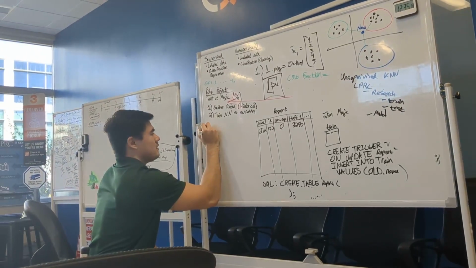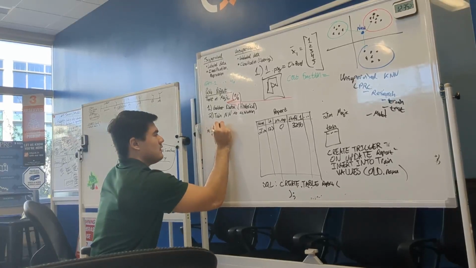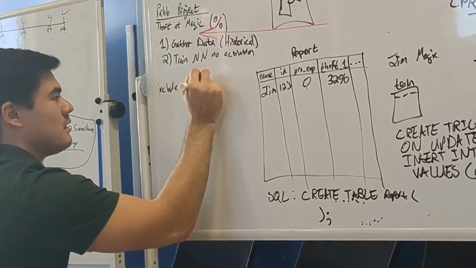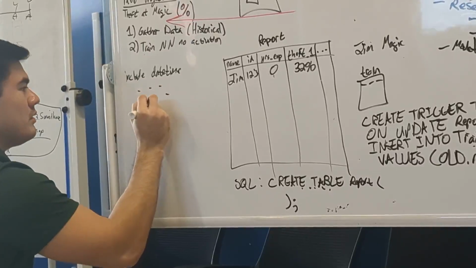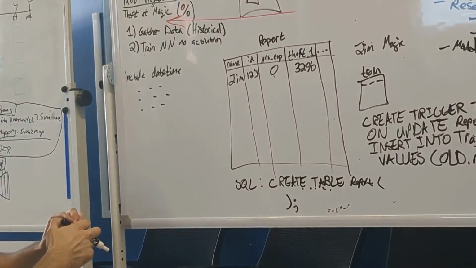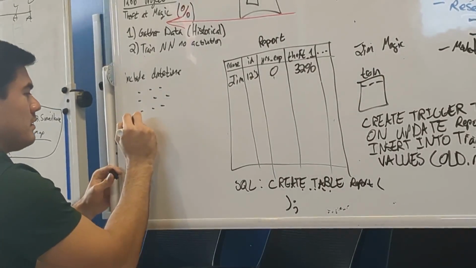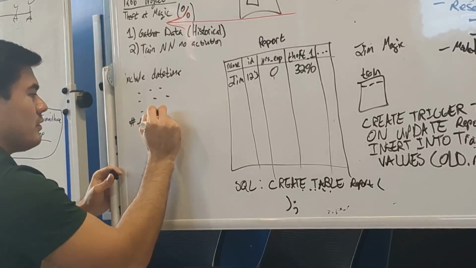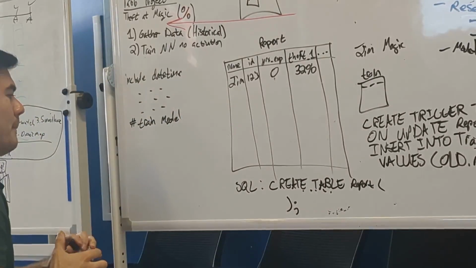So include date, time, code, and then when you get to the train model section, here's what we'll do.